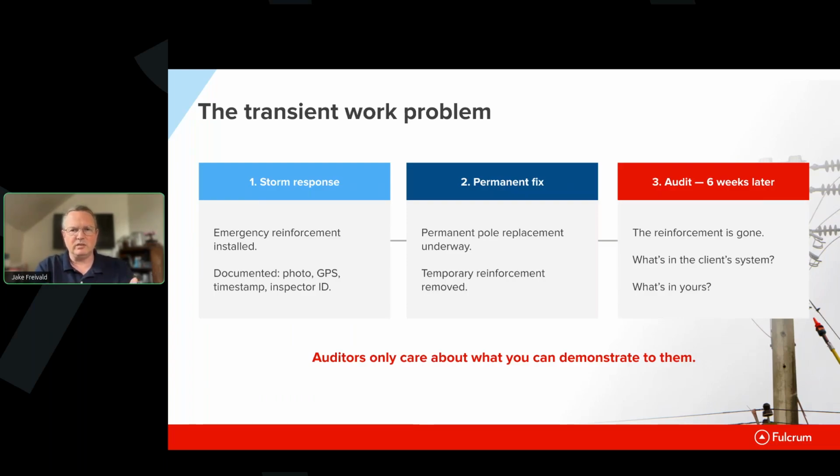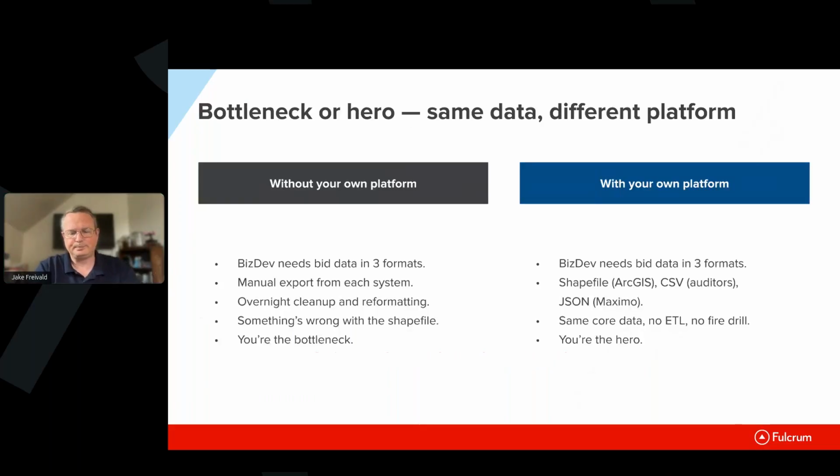They only care what you can demonstrate you did. So transient work and providing that auditable data is just as important as being able to provide the initial data that showed proof of work that you gave them for billing. Both of those are critically important. They come from the same set of data at very different times and under very different circumstances.